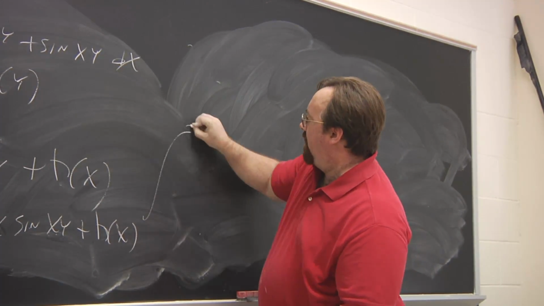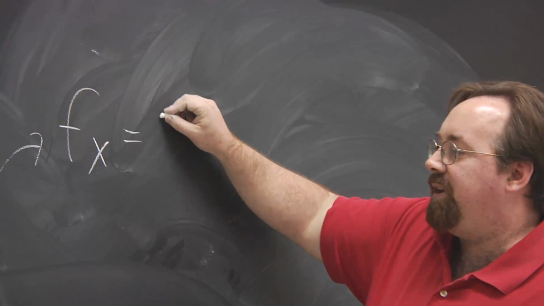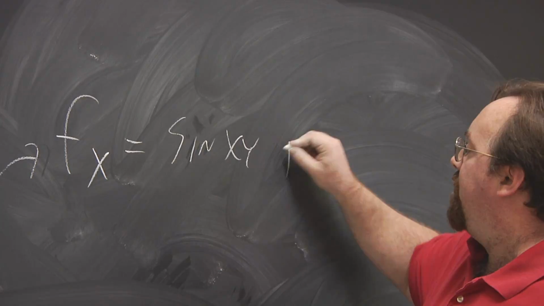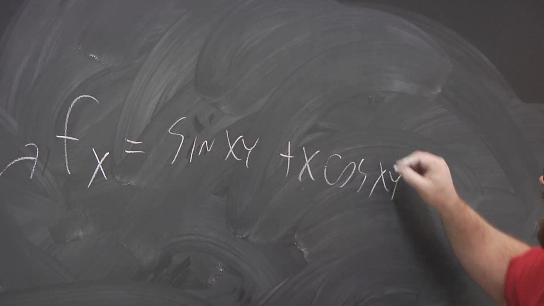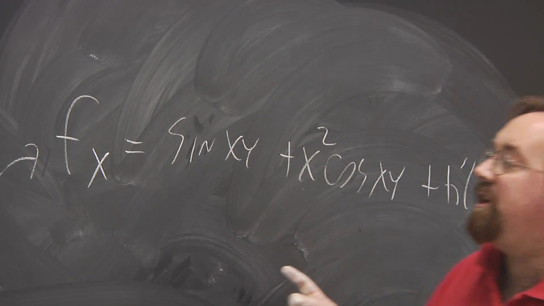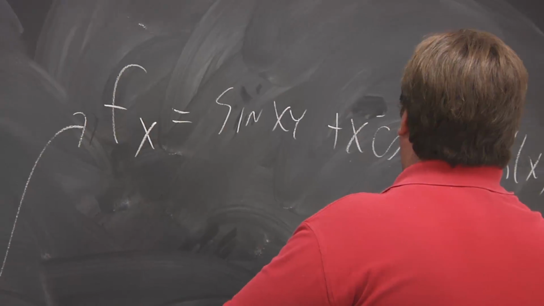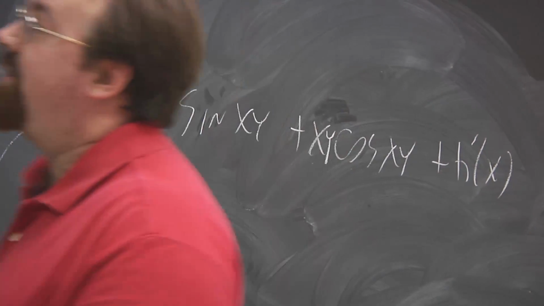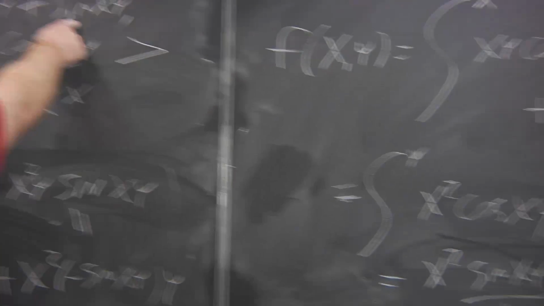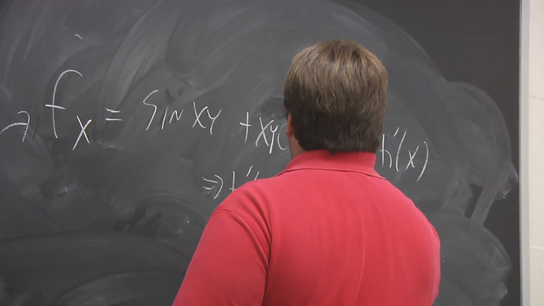Here you have to use a product rule unfortunately, so it's going to be sine xy plus xy cosine xy plus h prime of x, and that's supposed to be equal to, wait, now you get xy, and differentiating with respect to x, you get sine xy plus xy cosine xy, but that's exactly what we want. So h prime of x is 0.